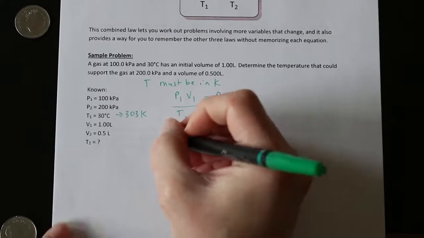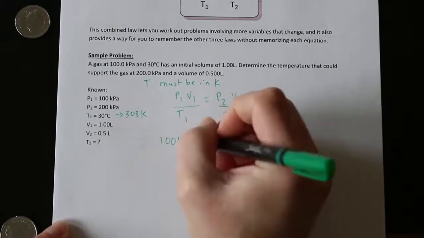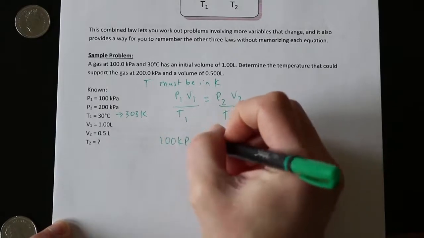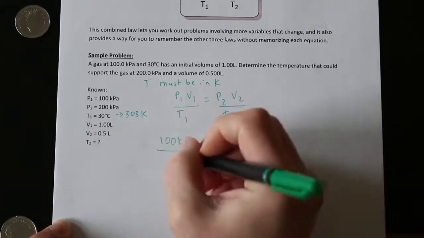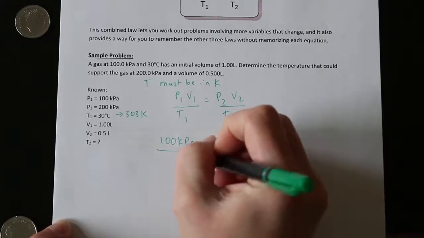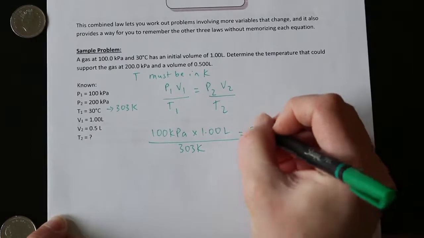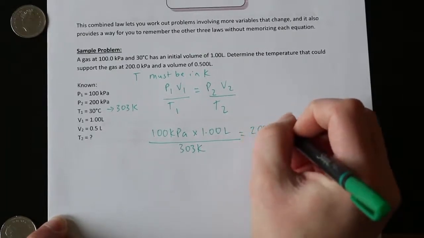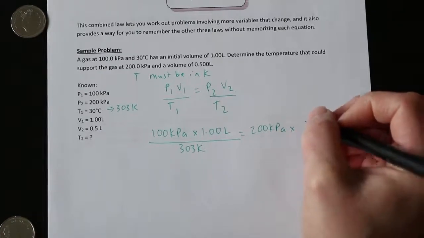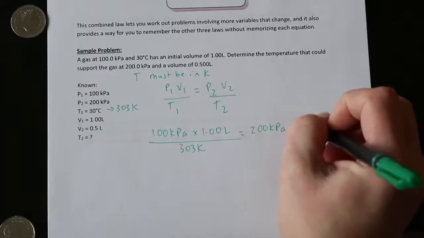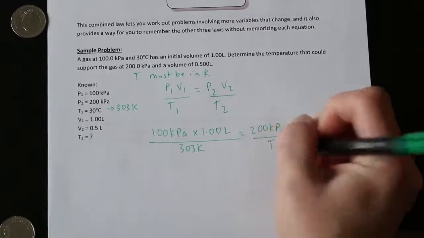That would be 100 kilopascals multiplied by 1.00 liters divided by 303 Kelvin equals 200 kilopascals multiplied by 0.5 liters divided by T2.